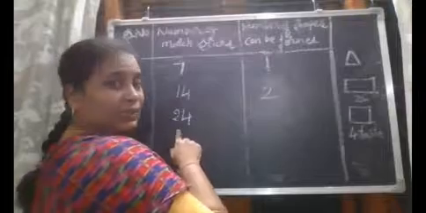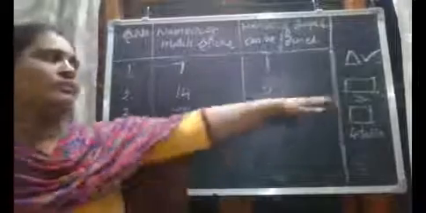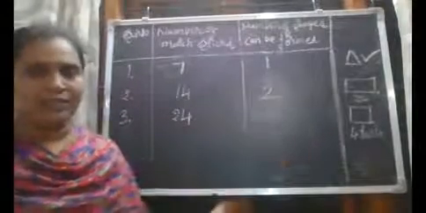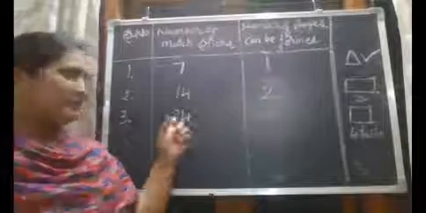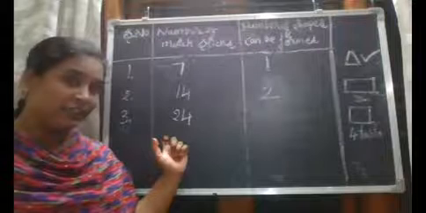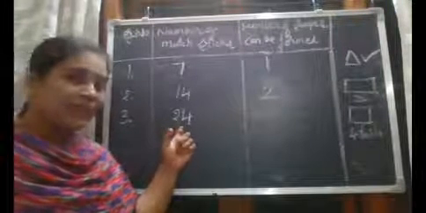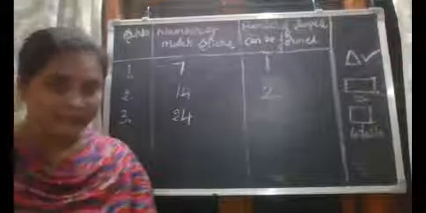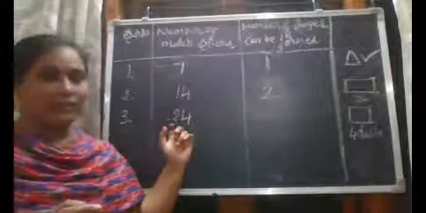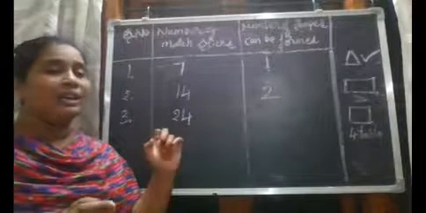Next, I think you know the 2 table till 10 only. 2 tens are 20, 2 11s are 22, 2 12s are 24. Okay, children? Yes, we are getting 24 in the 2 table.